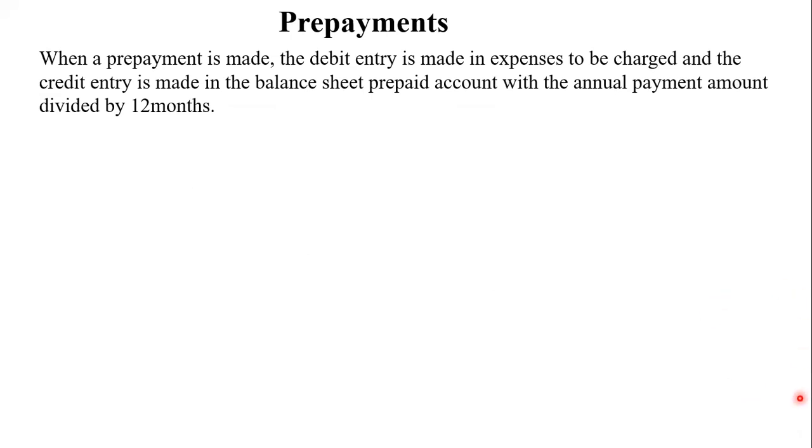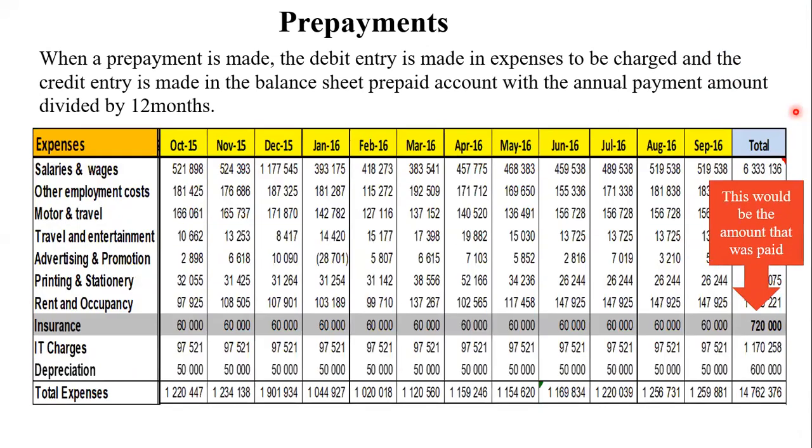Okay, so prepayments. When a prepayment is made, the debit entry is made in the expenses, and it's going to be charged over the year that it applies to. So if it is over this financial year, you're going to have this total, say for instance, the amount that was paid as a prepayment.